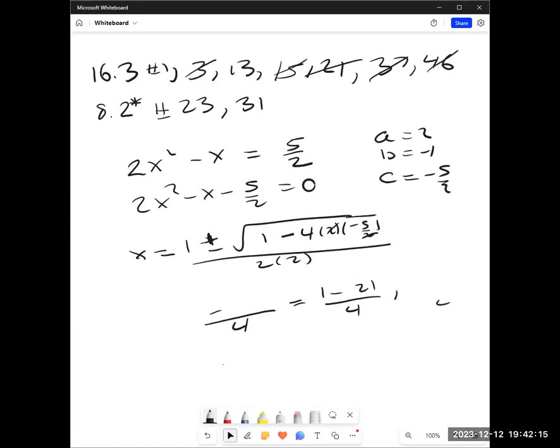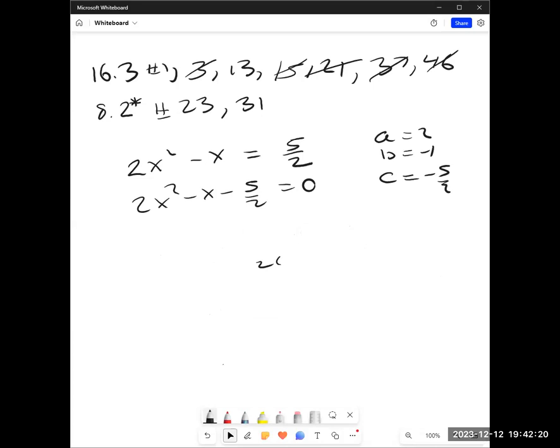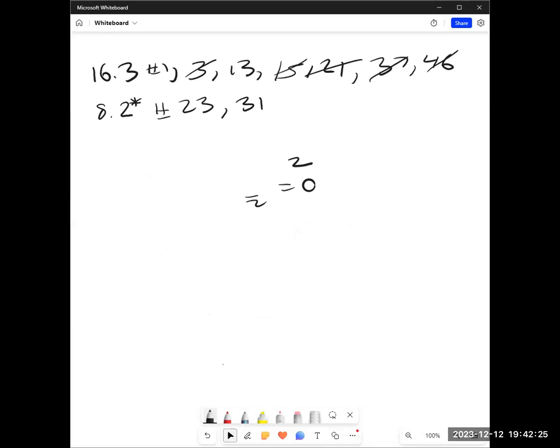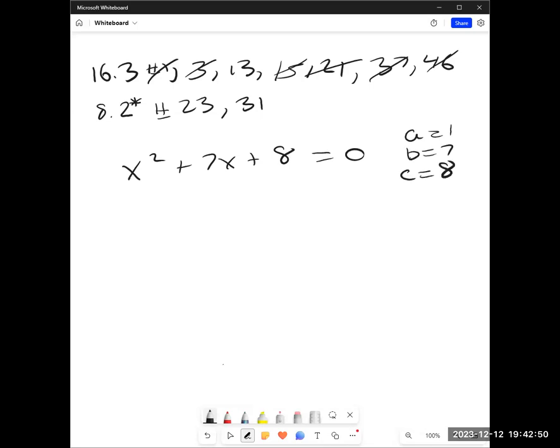Let's go ahead and look at a couple more problems here. I'm going to come back and look at one like number 1 now. Here, x squared plus 7x plus 8 equals 0. So a is 1, b is 7, and c is 8.